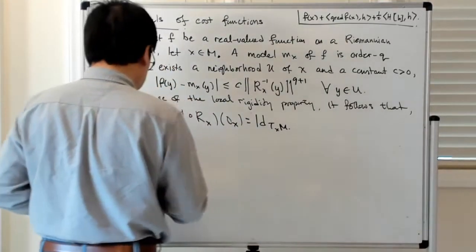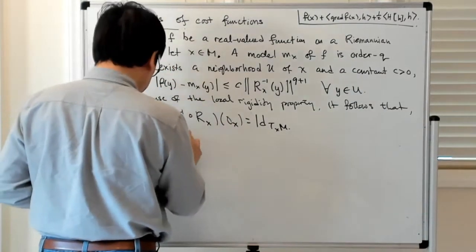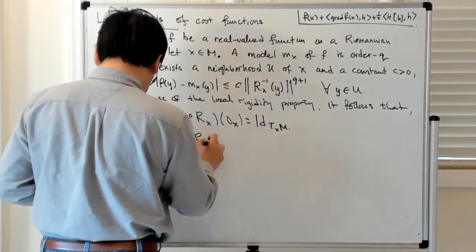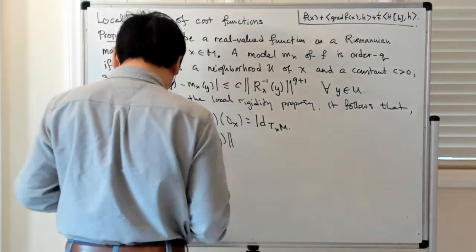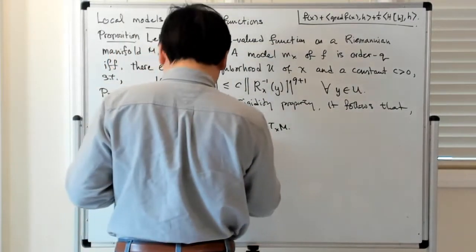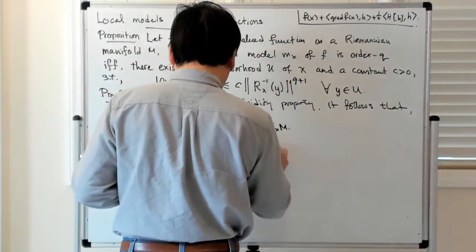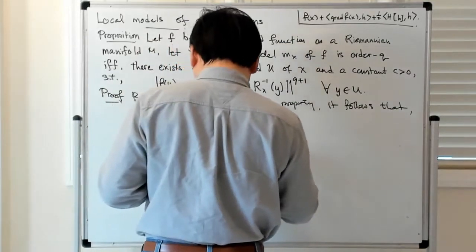So this implies that the norm of R_x inverse applied to y is equal to the norm of this object.